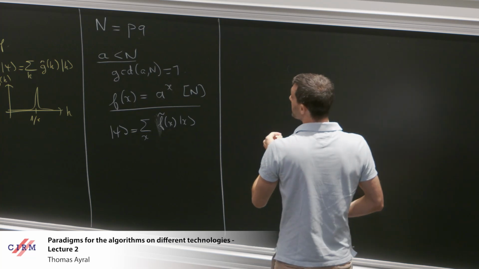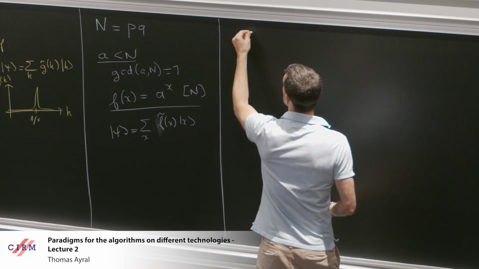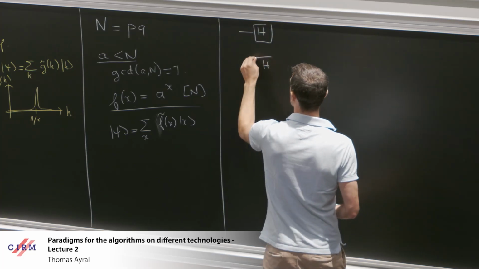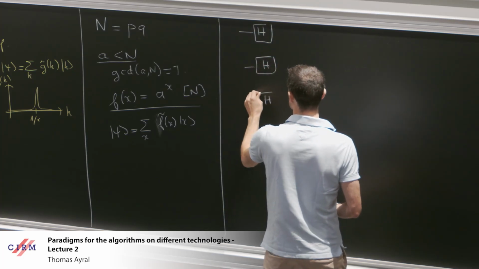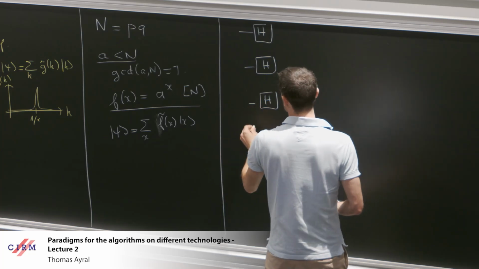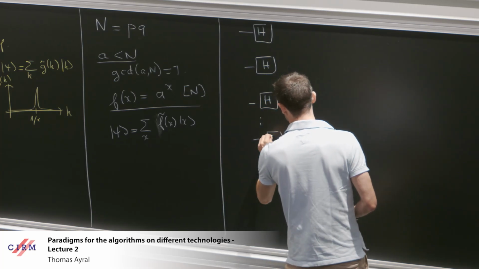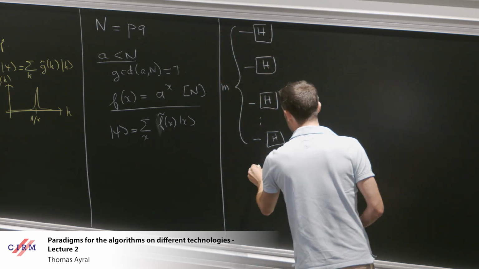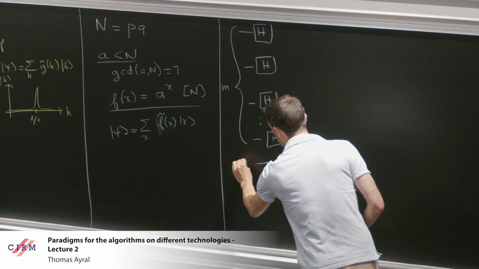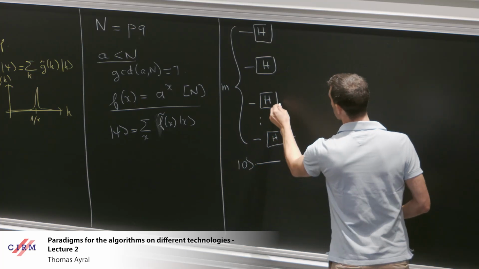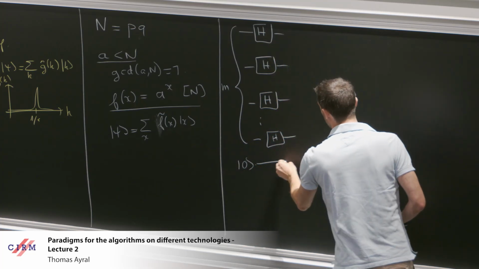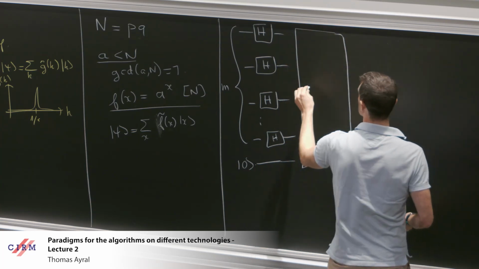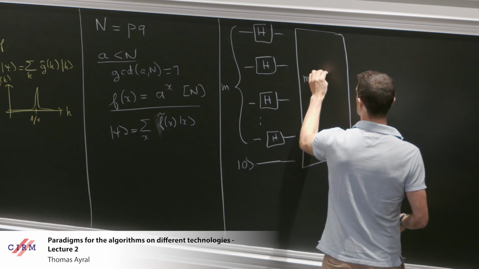And for this, I'm going to argue that the following circuit works. So I start with a circuit with a couple of Hadamard gates. Let's call this M Hadamard gates, and then I start with a last register starting in 0. And then I'm going to suppose that I have a black box that I'm not going to focus on too much today, which does what we call modular exponentiation.